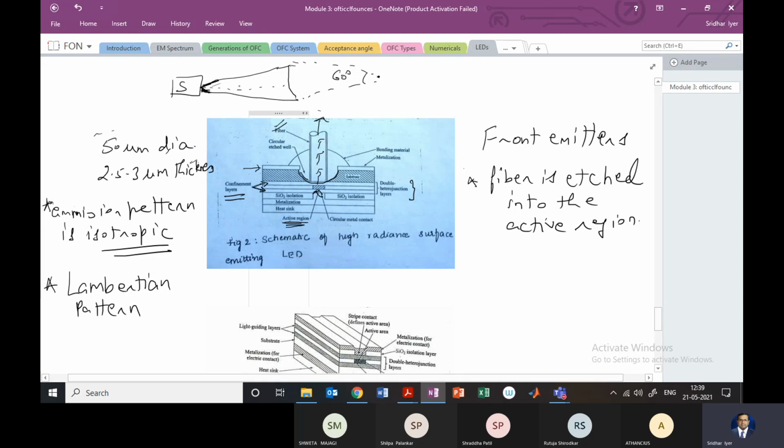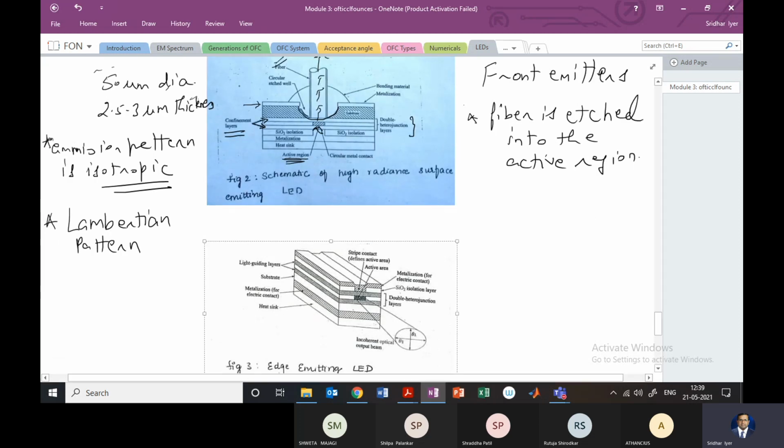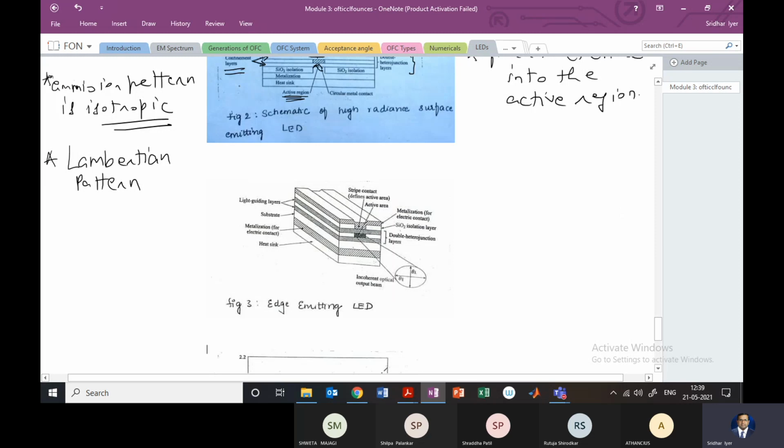The next type of LED which we have, and you can clearly see the difference here, is known as the edge emitting LED, and it consists of an active junction region. So you can see this is the active region here. This is the one that I'm darkening further. This is the active region here, and that is the double heterojunction layer.